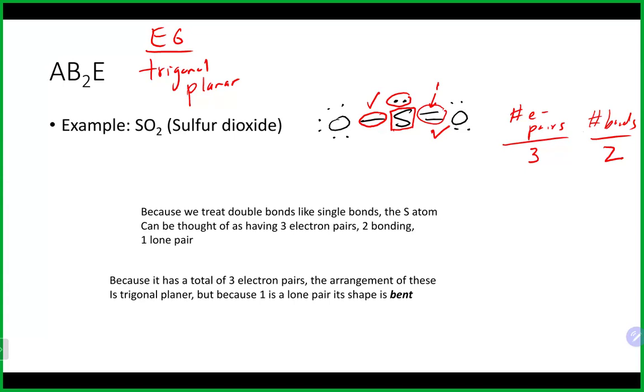So what happens in this situation is we have bonding electrons near bonding electrons, and we also now have non-bonding electrons near bonding electrons. The sulfur, with its non-bonding electrons, is going to try to get away from those oxygens.